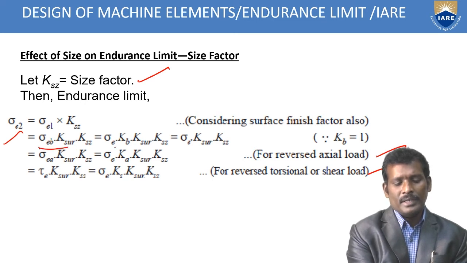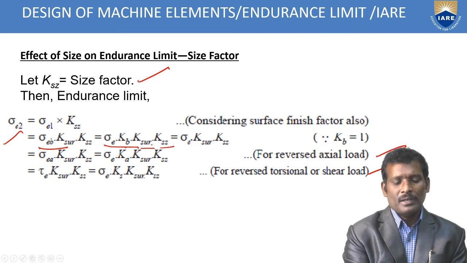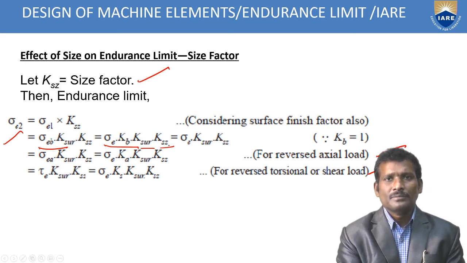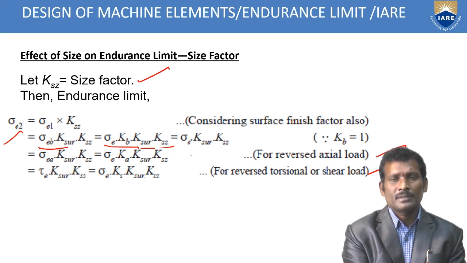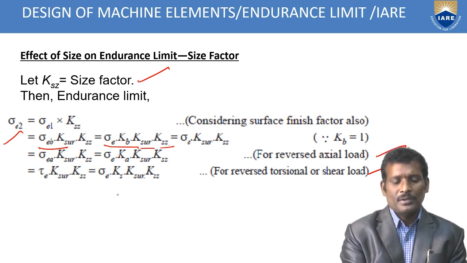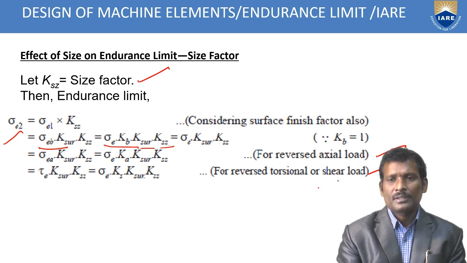Sigma EB is sigma E multiplied with KB multiplied with K surface, where KB is the bending load correction factor, along with the surface finish factor and size factor. We are considering all these three factors, so we multiply these factors with sigma E, the endurance limit, and we will get the final one. Similarly for shear loads also.